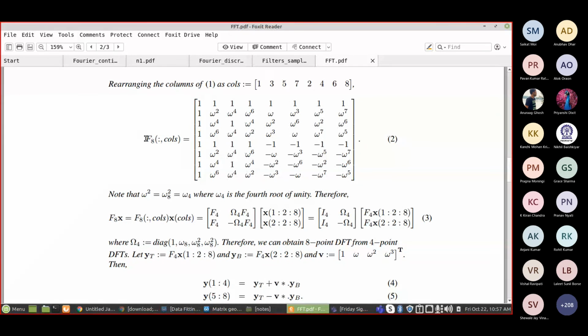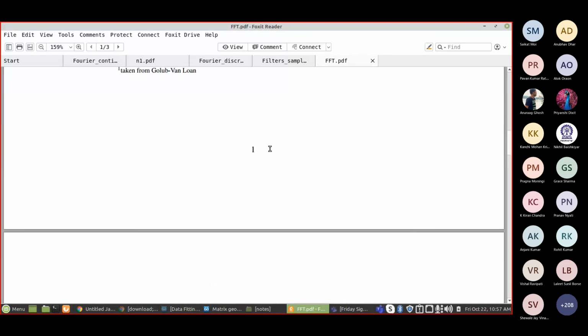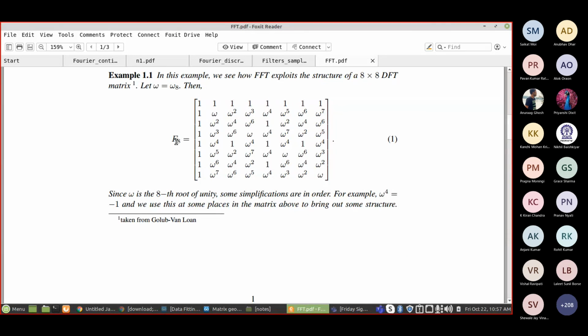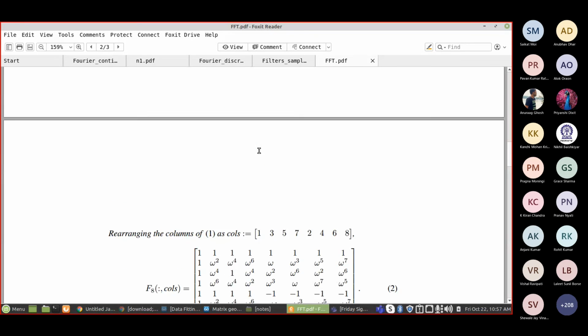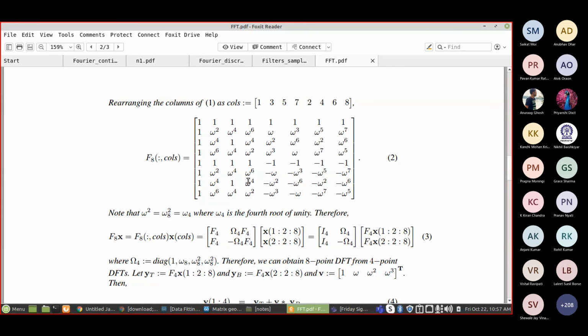F8, the Fourier matrix, looks like this. And now you observe this structure in this permuted Fourier matrix. To start with, we started with the 8th root of unity, so that's how F8 looks. When you apply this permutation matrix, you can write this permuted Fourier matrix using 4th roots of unity, and Omega 4 is this diagonal matrix containing 8th roots of unity.